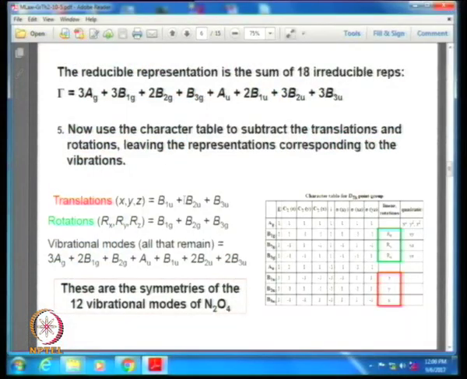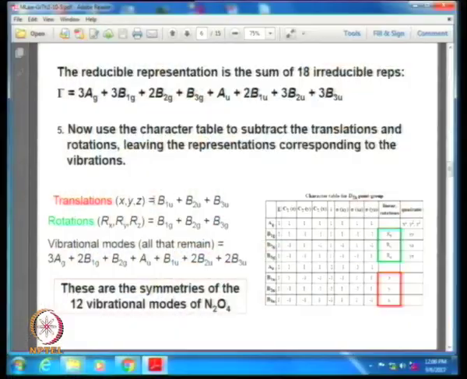If you have only one axis, then you get a sign, so it remains unsymmetric. But these 6 are essentially to be removed once. Translations will contain each of the B1u, B2u, B3u ones, and rotations of the bulk molecule will contain each of the B1g, B2g, B3g ones. So we remove one out of these.